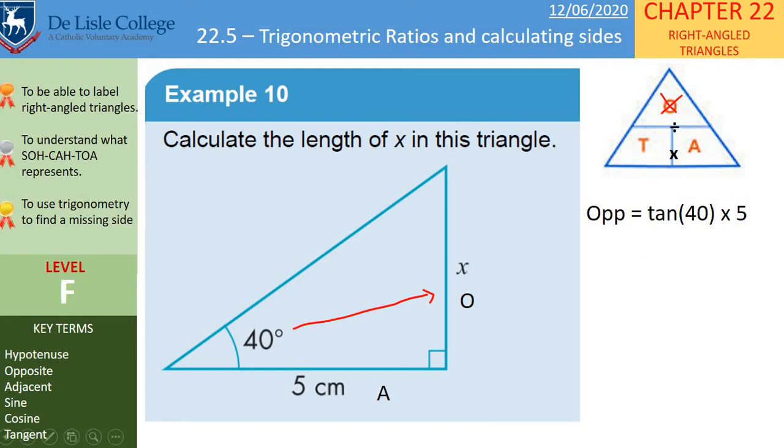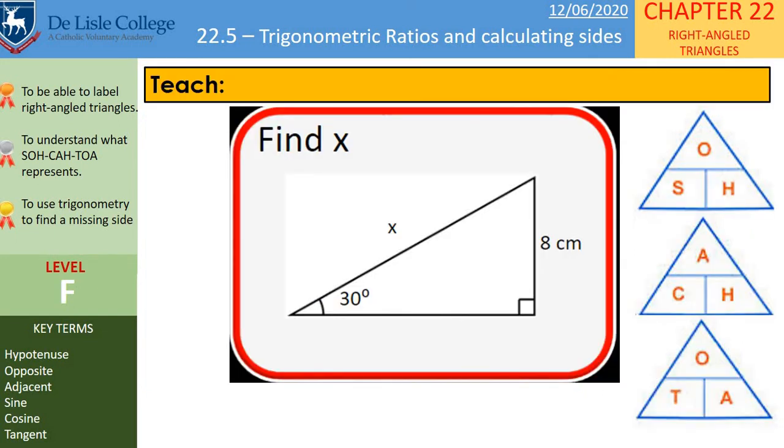When you press equals, you will get 4.195 and so on. If you do it to one decimal place, you get 4.2 centimetres.